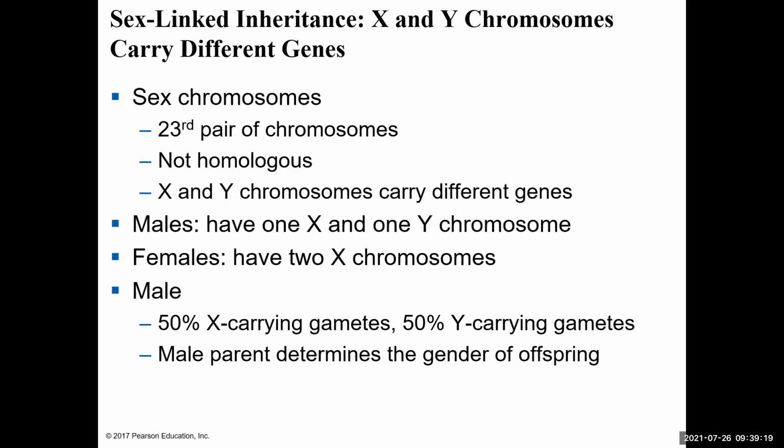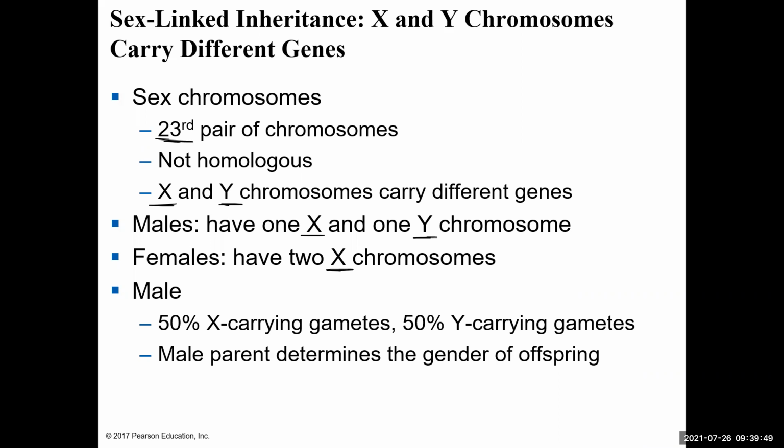There are also inheritance patterns that are associated with sex-linked inheritance. So basically your X and your Y chromosomes, so your sex chromosomes. And remember, your sex chromosomes are that 23rd pair of chromosomes, and they're not homologous because they are X and Y. Okay, so males will have one X and one Y, while females will have two X chromosomes.